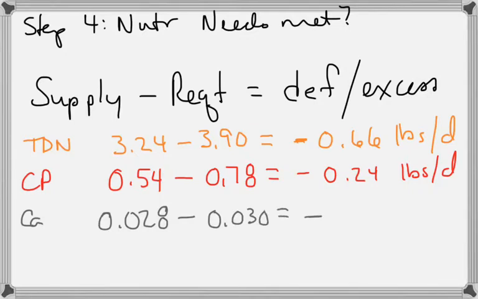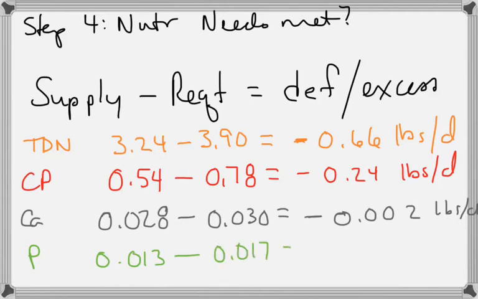So we have a deficiency here as well of negative 0.002 pounds per day. And let's check phosphorus. That supply was 0.013. The animal requires 0.017. Sure enough, we have another deficiency, because that's the example I worked up here, of 0.004 pounds per day. So basically, all 4 nutrients are deficient.